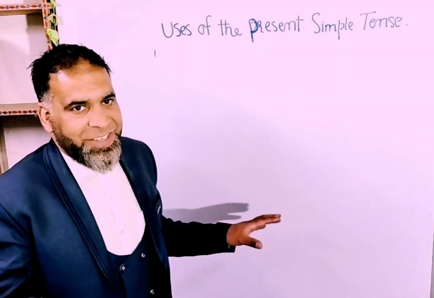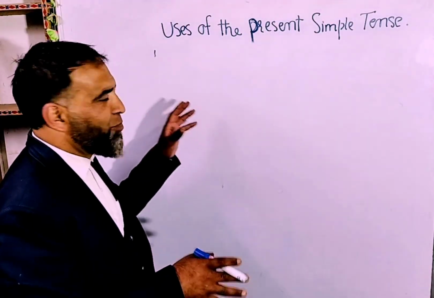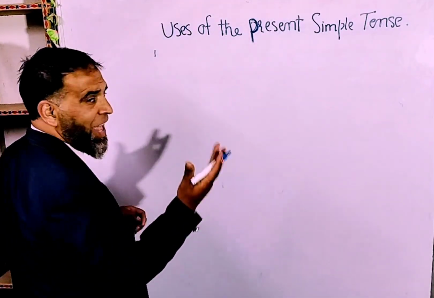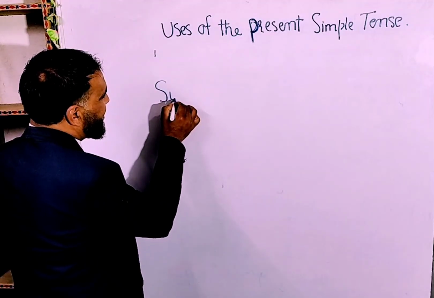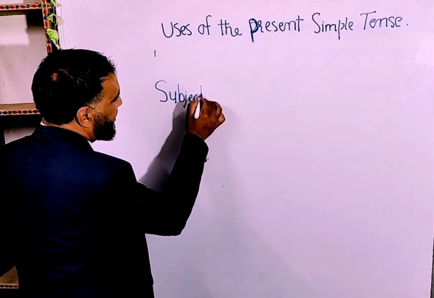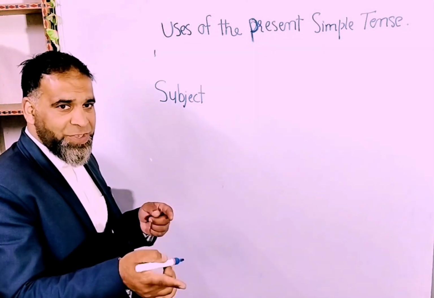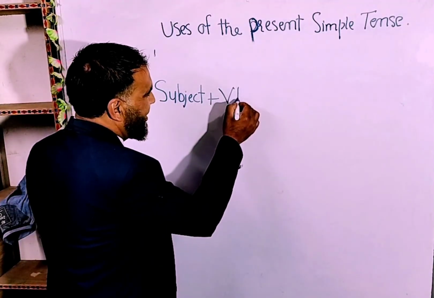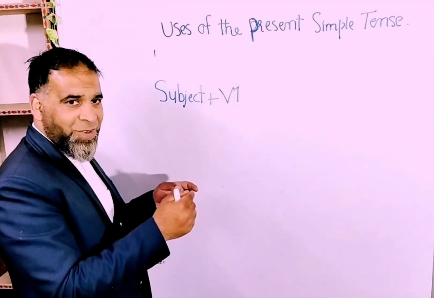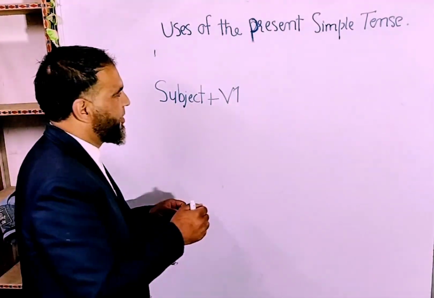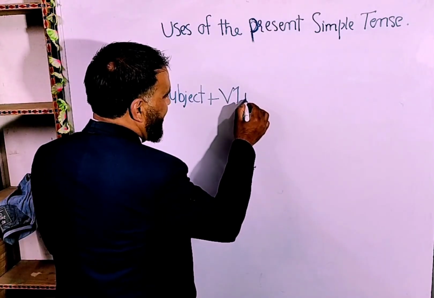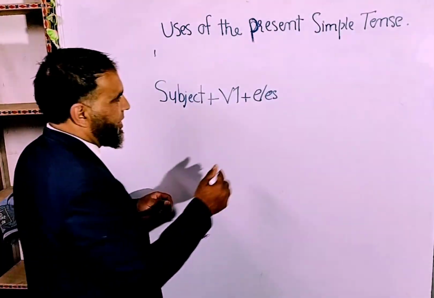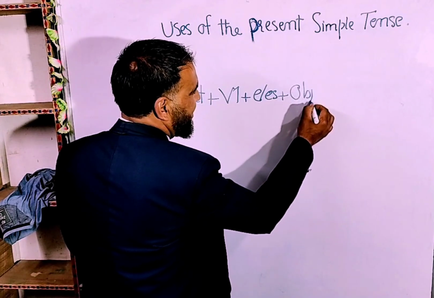I'm going to start today's lesson with a beautiful structure. Keep this structure in your mind. It will help you. Now you see: subject. It means first we use the subject and after that we use the first form of the verb, or we call it the base form of the verb, plus sometimes S or ES, and plus object.